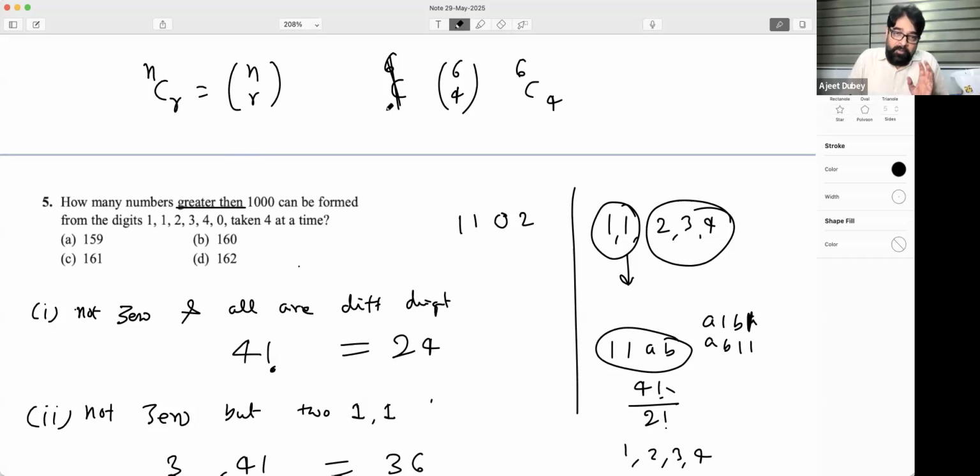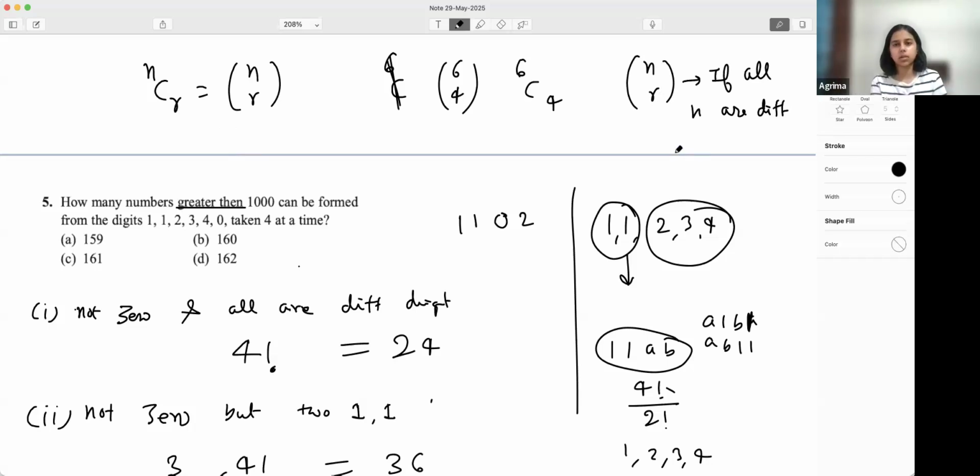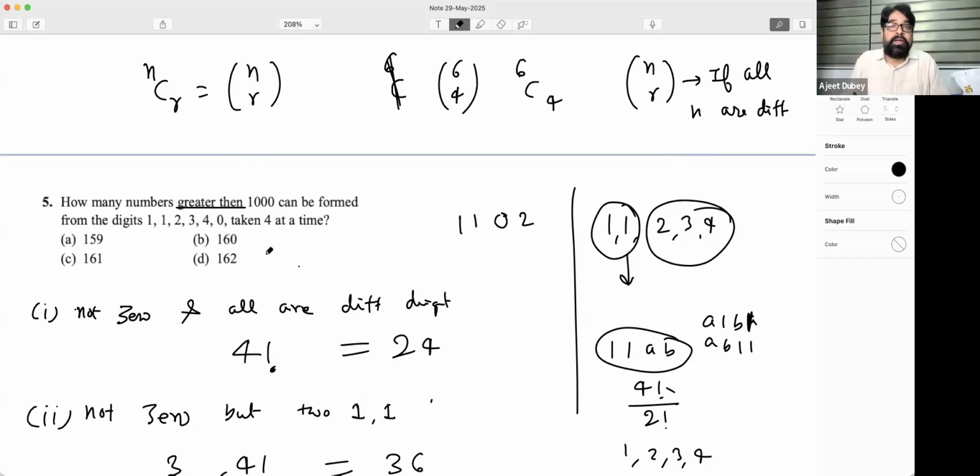So nCr: the condition is that you are selecting r objects out of n different objects. But this can be used only if all n are different, distinct. Otherwise, it will be wrong. Do you understand? So that part you cannot do, and that is why we have to make cases.